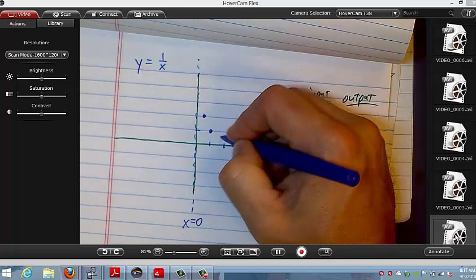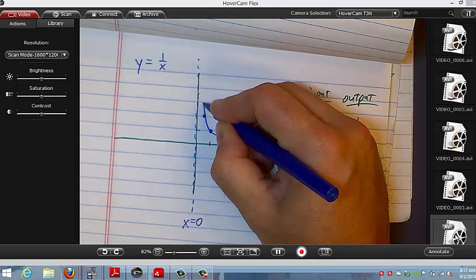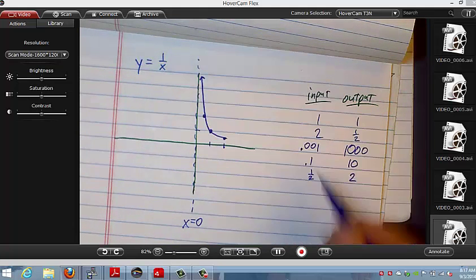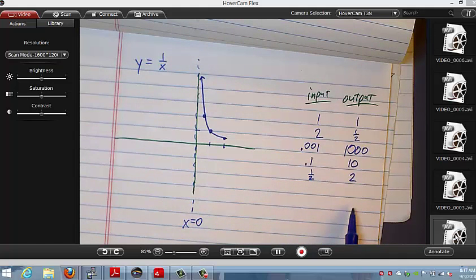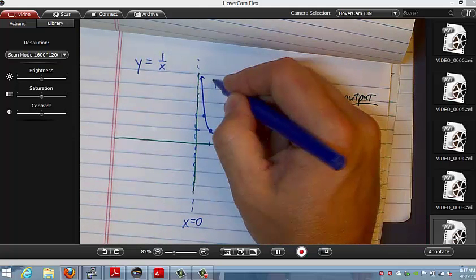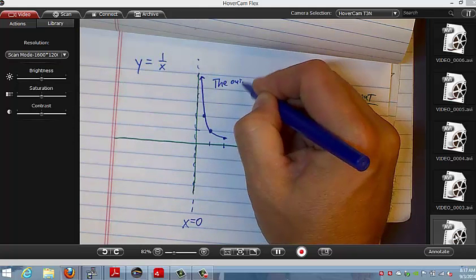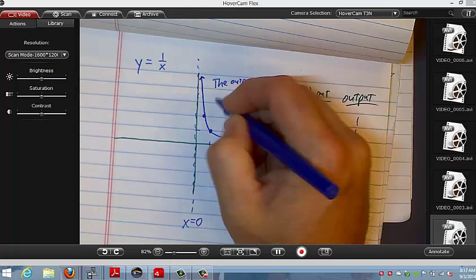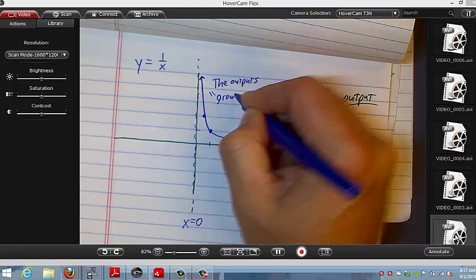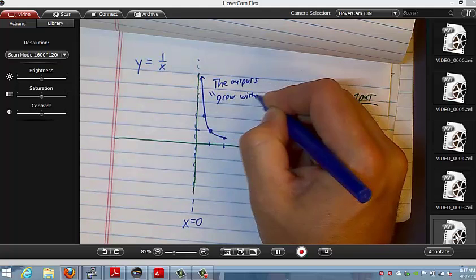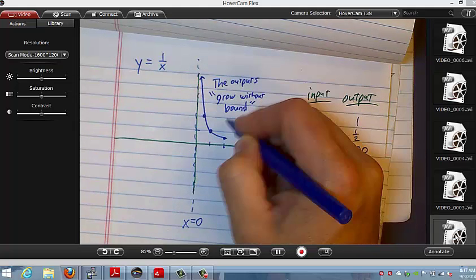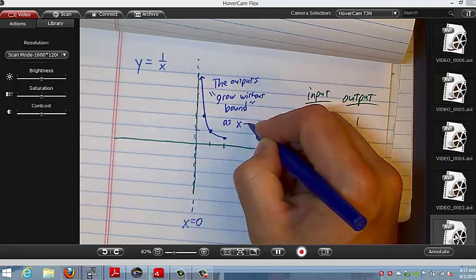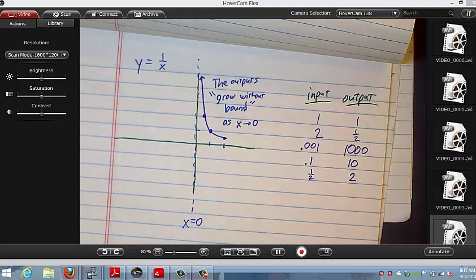And so the reason you get an asymptote is because as x gets closer and closer to 0, the outputs, how are we going to say this? The outputs, and here's some nice phrasing maybe, grow without bound as x approaches 0.